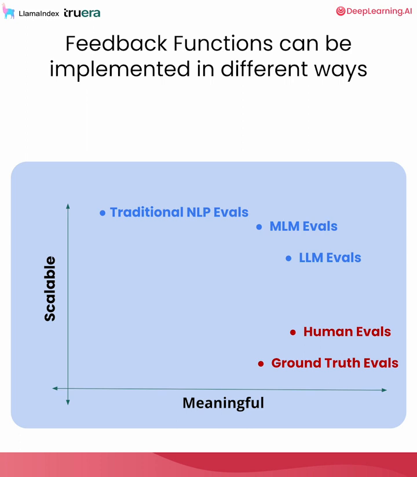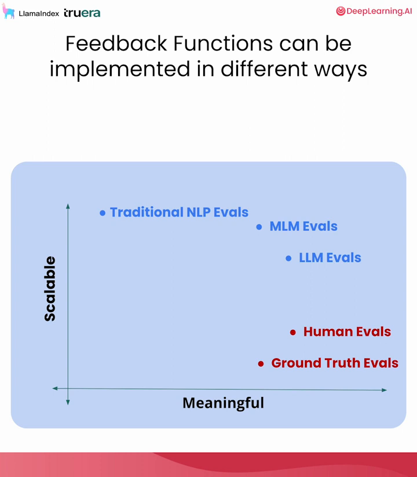They look for overlap between words in two pieces of text. So for example, if you have one piece of text that's referring to a riverbank and the other to a financial bank, syntactically, they might be viewed as similar, and these references might end up being viewed as similar references by a traditional NLP evaluation.